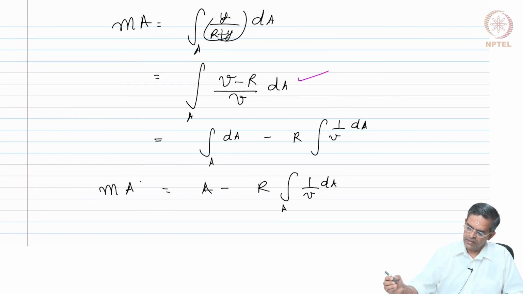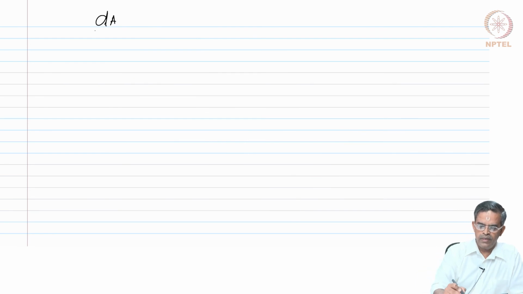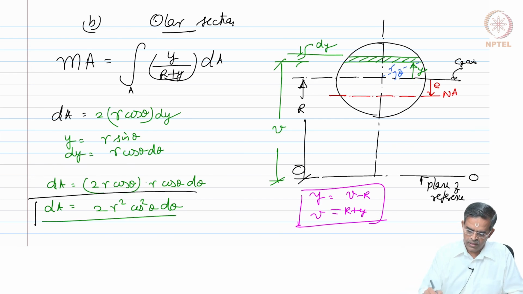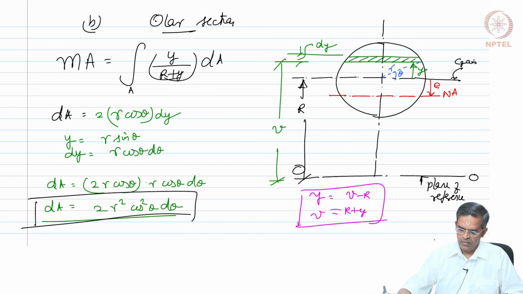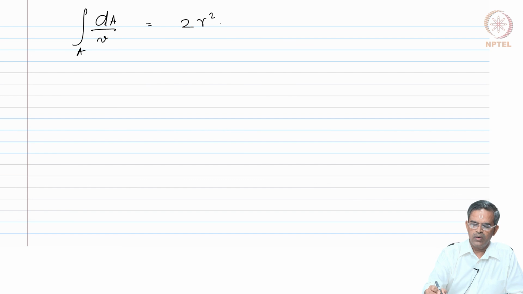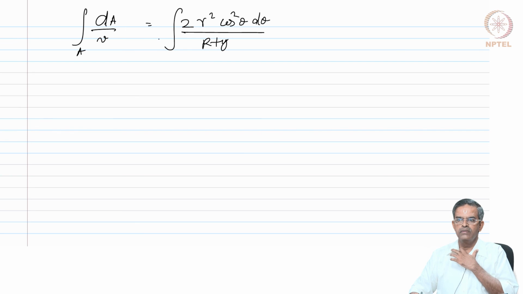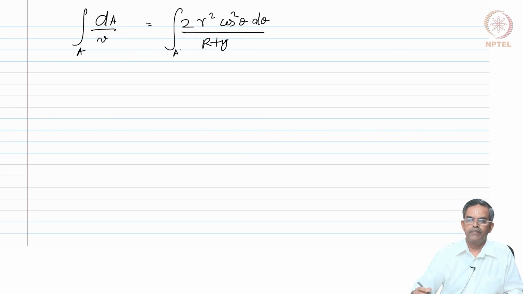So now let us pick up this integral, which will be dA by v. We already have an equation for dA, do we not? Let us substitute that, which will be 2 r square cos square theta d theta divided by r plus y, the integral for the area A. But now the variable is changing, okay? Theta is the variable now.